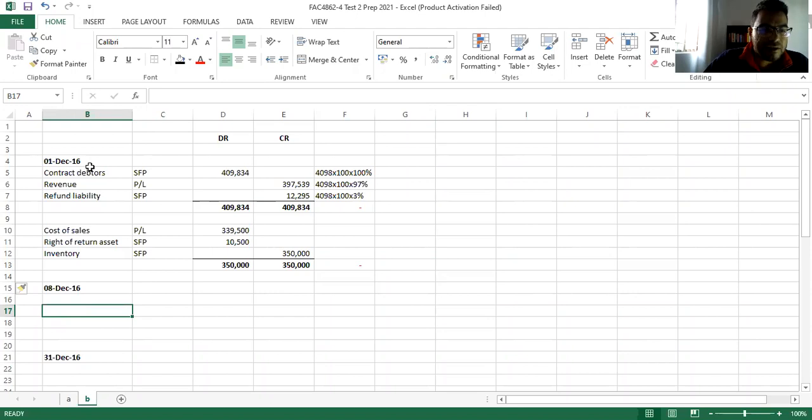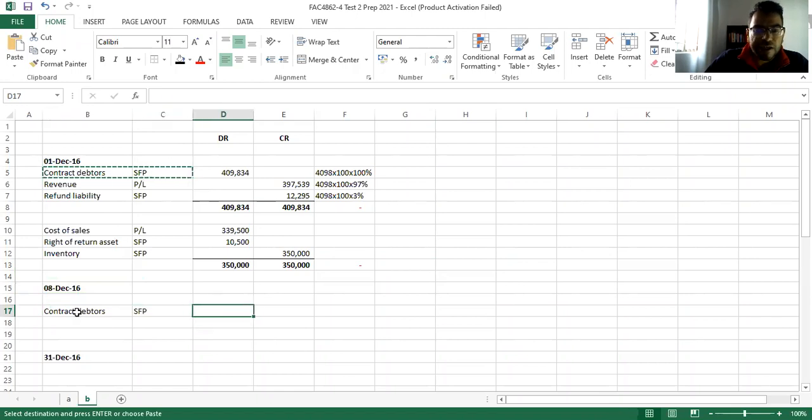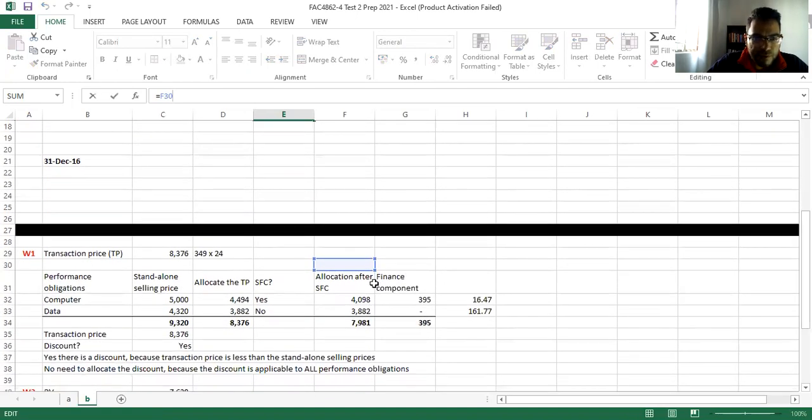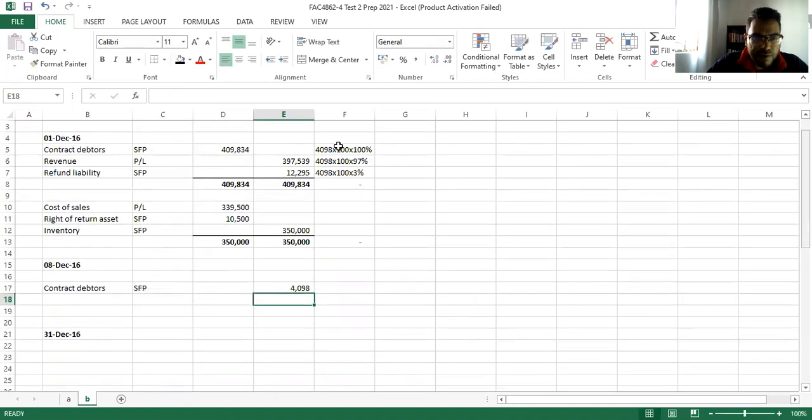So I'm going to have contract debtors credited for one computer. We know one computer is equal to 4098.